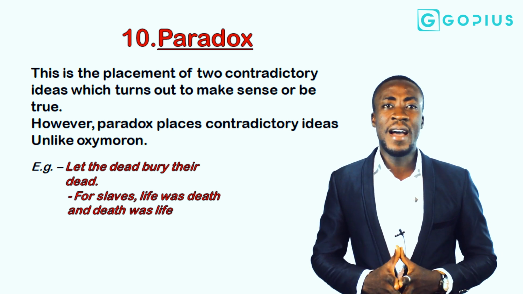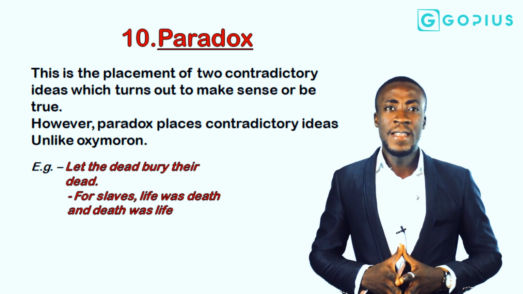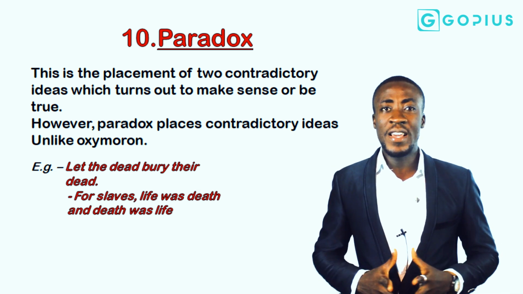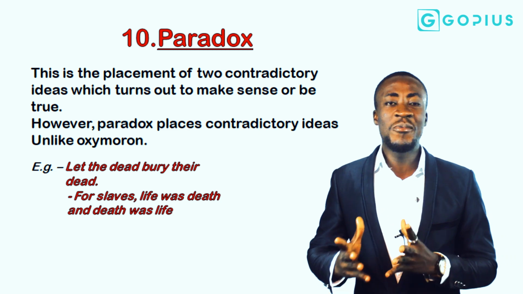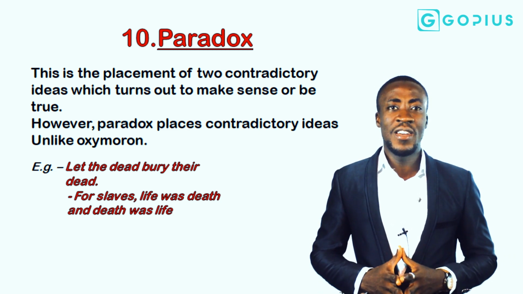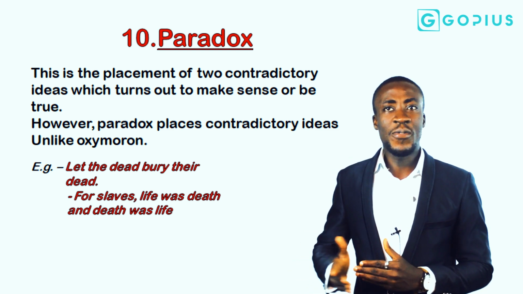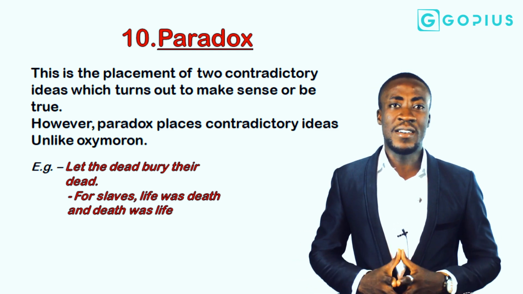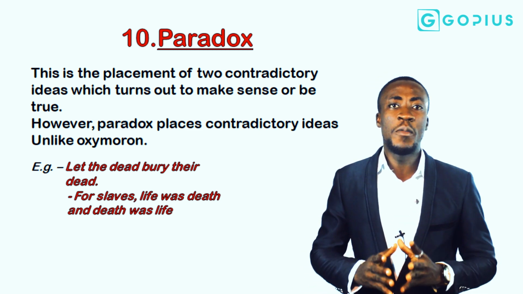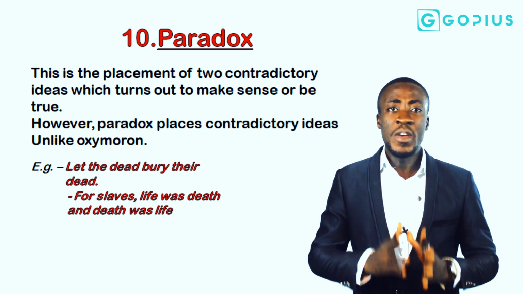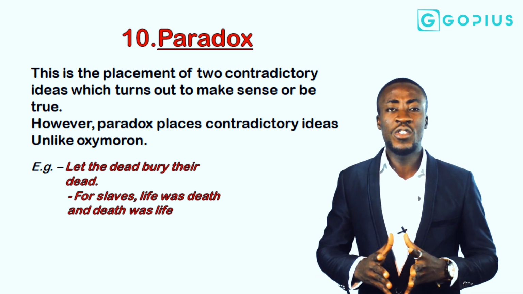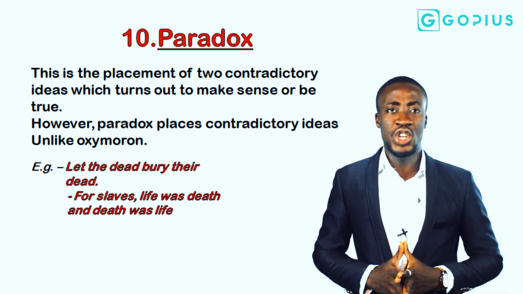If I make a statement that says, the land of the living dead is alive, or someone is a dead man walking, these are contradictory expressions. A dead man walking, of course, is paradoxical. But if you say living dead, that becomes an oxymoron, because in oxymorons we are dealing with words, lexical items. In paradox, we are dealing with ideas generally.